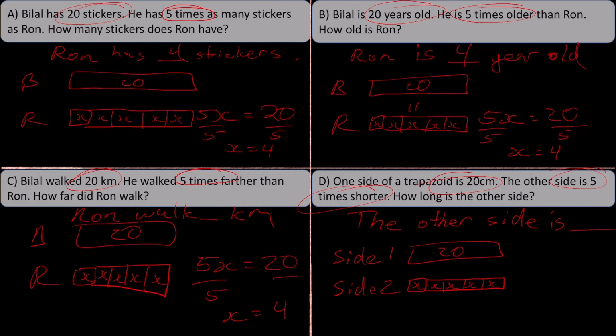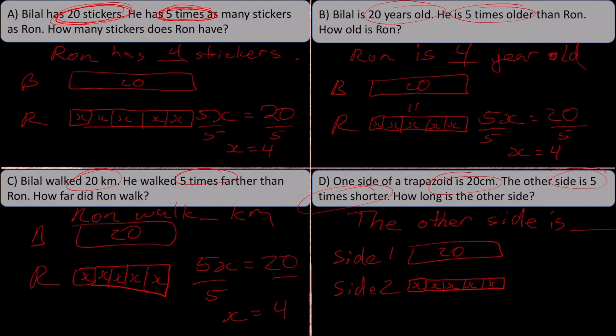So I'm hoping that you noticed the similarity is that the total remained the same. That total was still 5 times more. And so the process was exactly the same, even though the words were different.